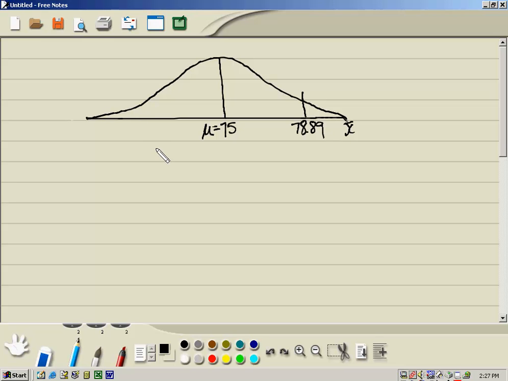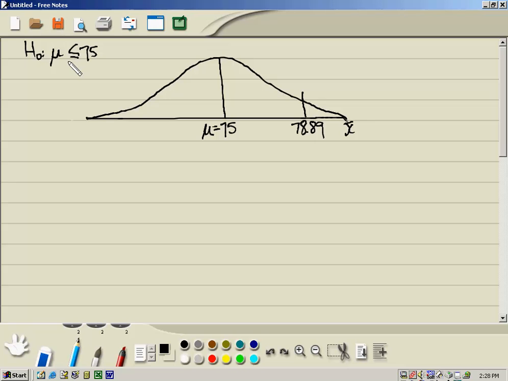Drawing a diagram so we can do the decision rule. We have the middle of the distribution, 75. We calculate the upper limit to give us 5% in the upper tail. That was 78.89. So if the null is true, remember the null was mu less than or equal to 75.